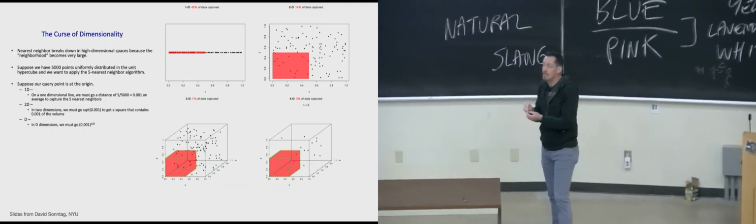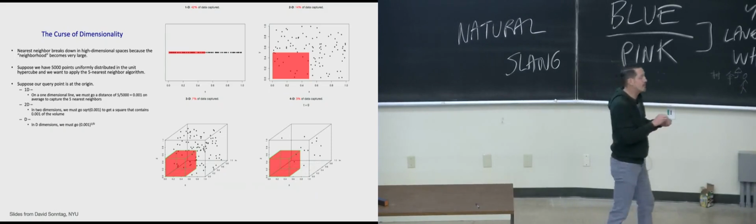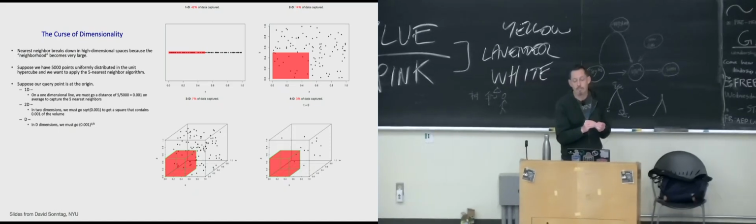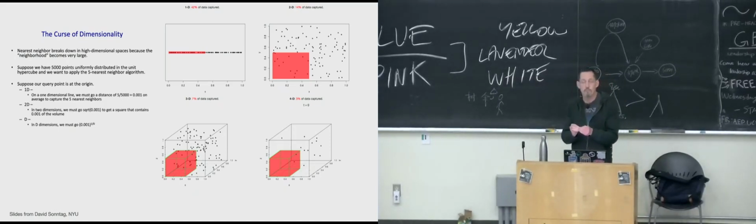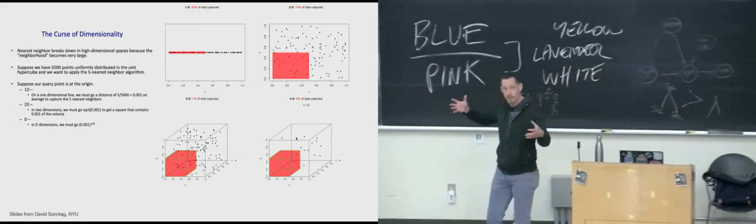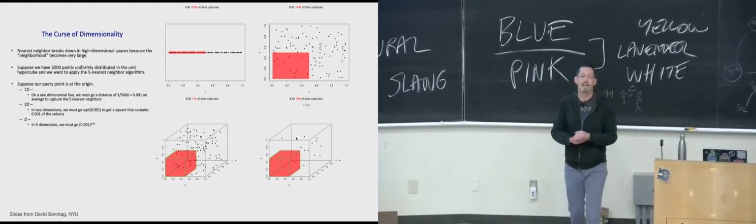But one of the best ways you can see that is this little set of graphs. There are 100 data points, uniform random distribution in this one-dimensional case. There are 100 data points in uniform random distribution in this 2-dimensional case. And in this 3-dimensional case, and in this 4-dimensional case that you can't see all 4 dimensions in, but we have a 3-dimensional slice out of a 4-dimensional hypercube. Okay.